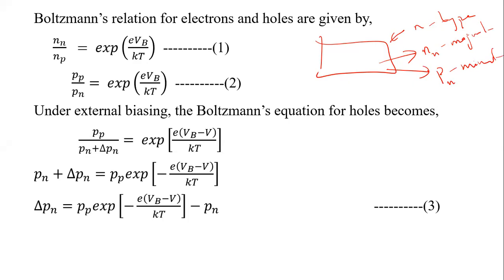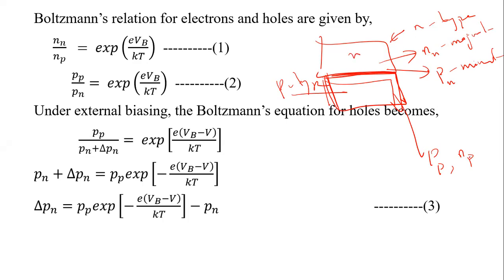If it forms a junction with a p-type semiconductor, where the majority is Pp and the minority is Np, the Boltzmann relation gives the relation between majority electrons in the n side and minority electrons in the p side. This ratio is given by exponential of eVB upon kT.